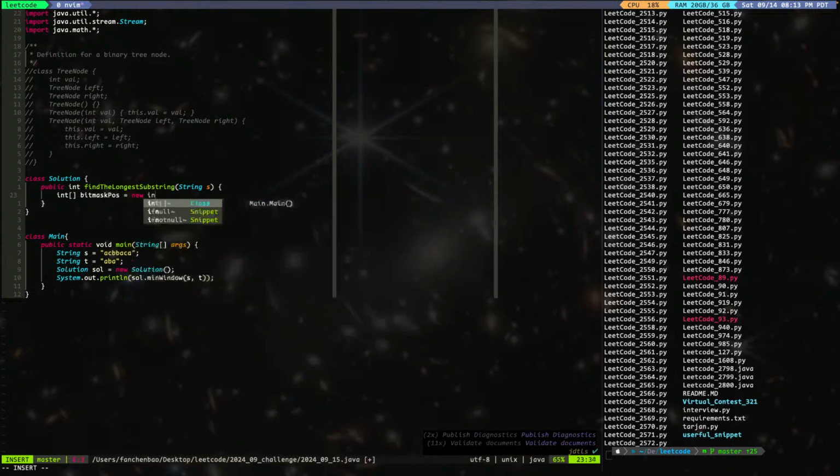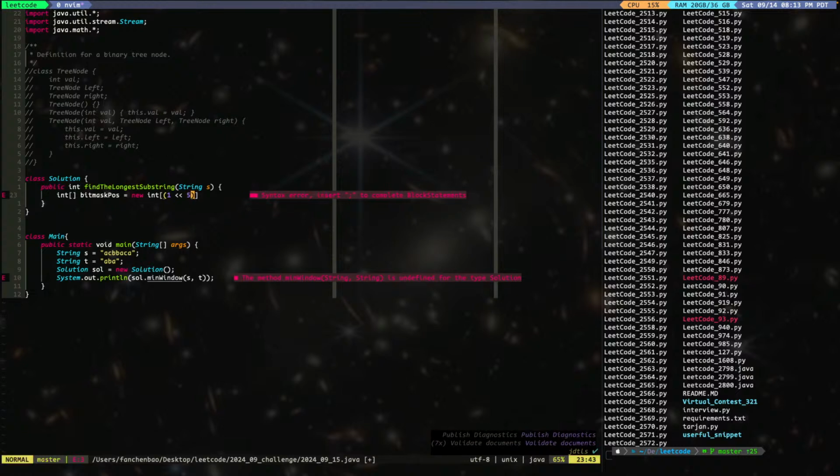New int of 1 left shift 5 minus 1. That is the count, right? Actually, no, I think it's just 1 left shift 5 because I need the 1 1 1 1 1. I need that. So yeah, okay.